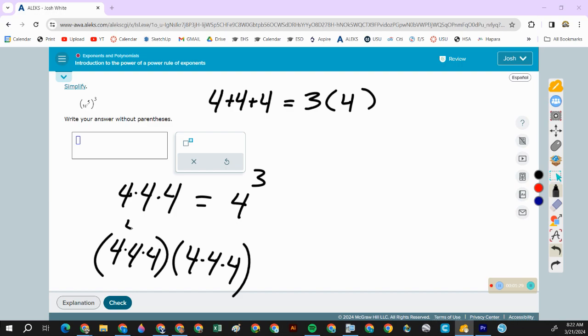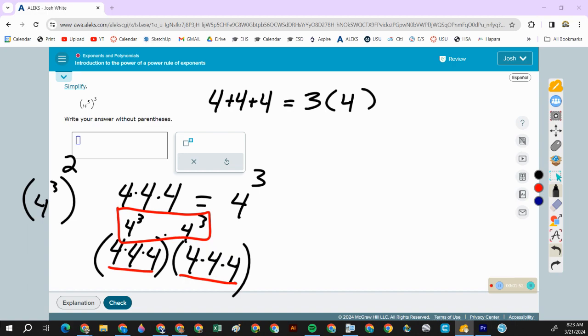So this is 4 to the third, and this is 4 to the third. So that's 4 to the third squared, right? So if we counted out all the 4's here, we have 3 there and 3 there for a total of 6. Or if we look at it in this form, 3 plus 3 is 6.